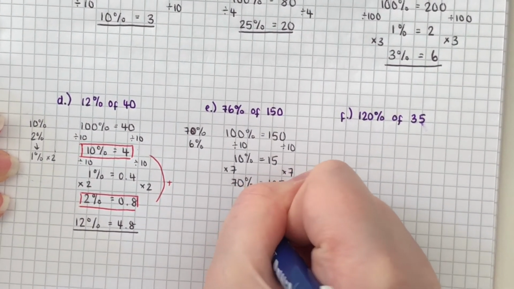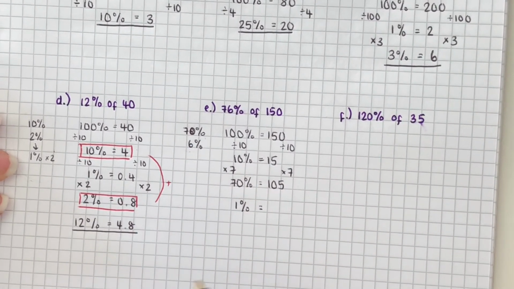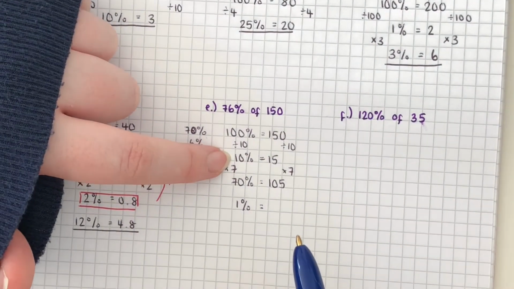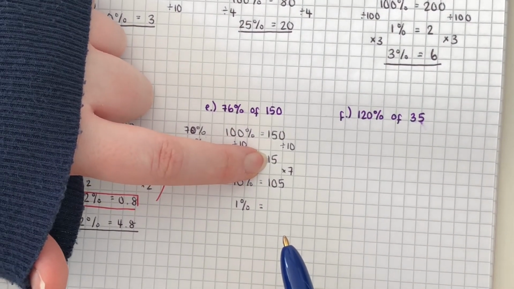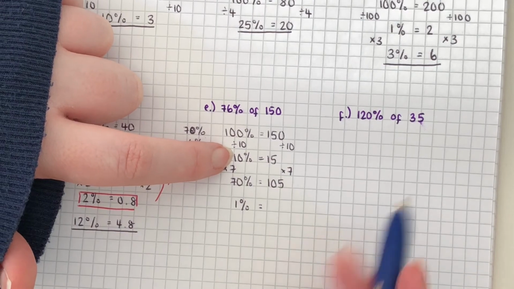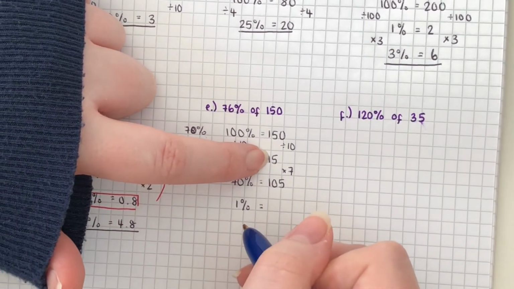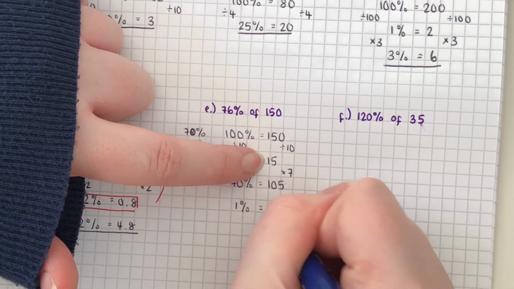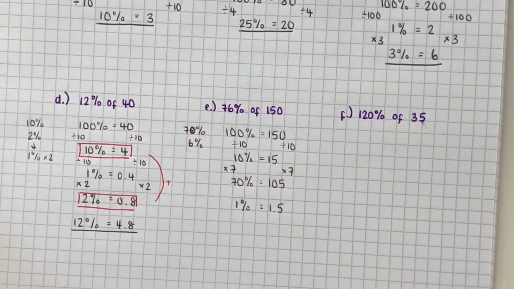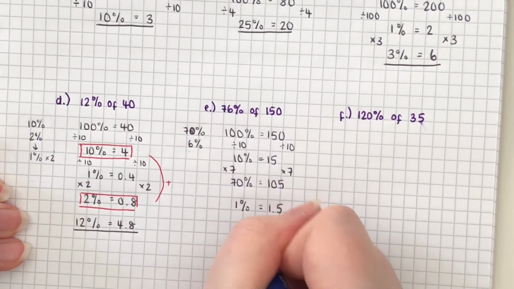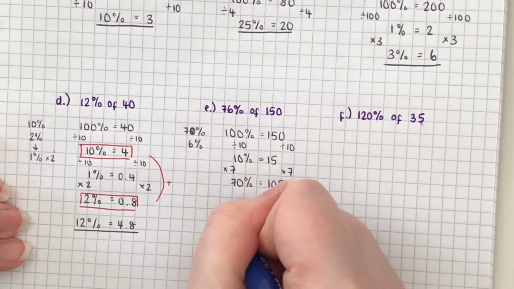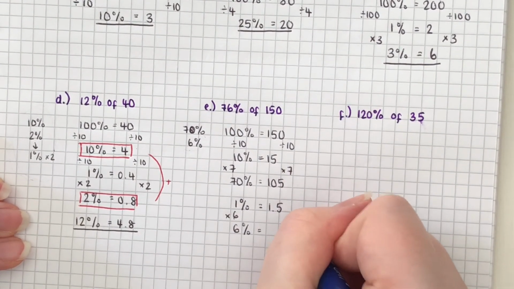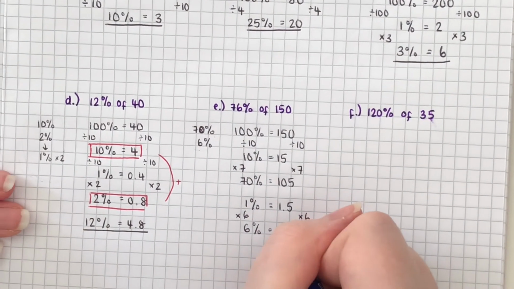We need to also find 1% to be able to do the 6th part. So I'm going to start at the 10. So 10% was 15. So if we divide that by 10, that will give me 1%, which means I need to divide that by 10, which is 1.5. So then 6% is going to be the 1% times by 6, which is 9.